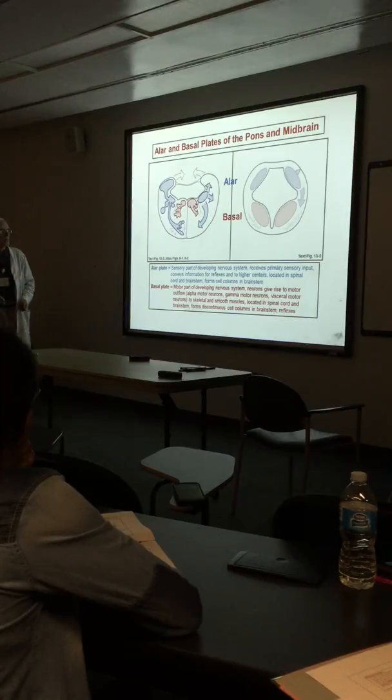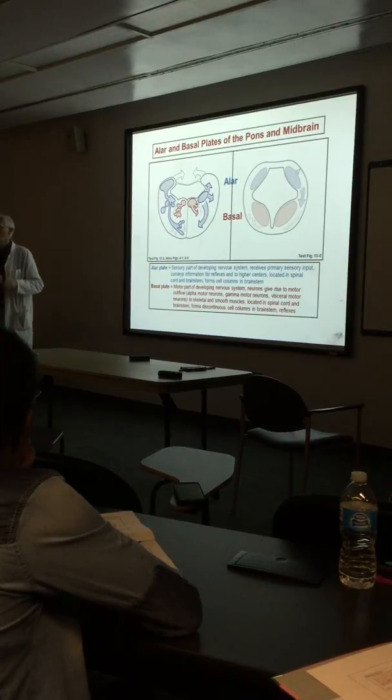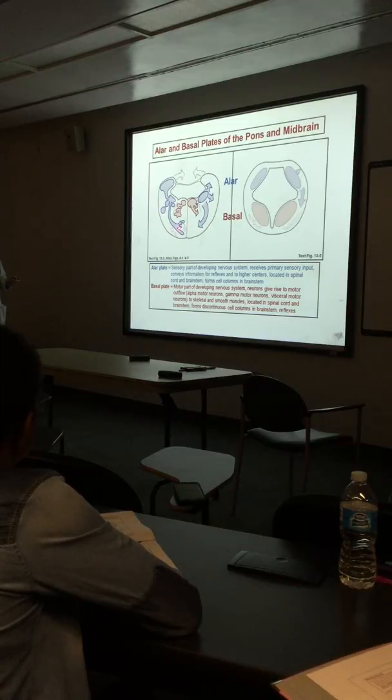That's all the arrows represent. This illustrates one thing, that the pontine nuclei, which are actually located medial to the brainstem, originate from the alar plate. There are a few exceptions to this, and we're not going to get into the exceptions. I just want to point out that's why the blue stuff seems to be coming down.